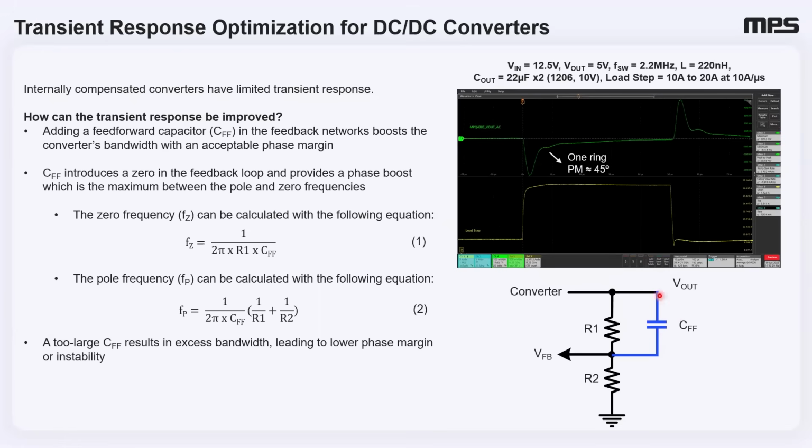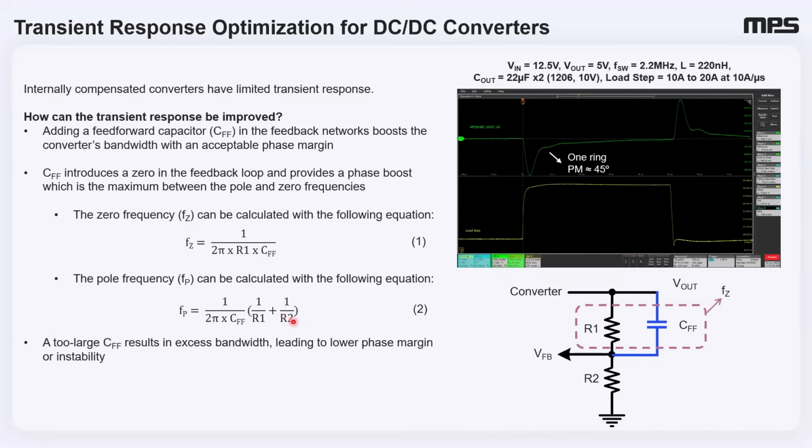So, after we place our feed-forward cap, the location of zero, Fz, is determined by the values of the feedback resistor network R1 and the feed-forward cap CFF. As shown in this equation, the zero frequency is inversely proportional to R1 and CFF. This gives us design control over where the phase boost occurs.